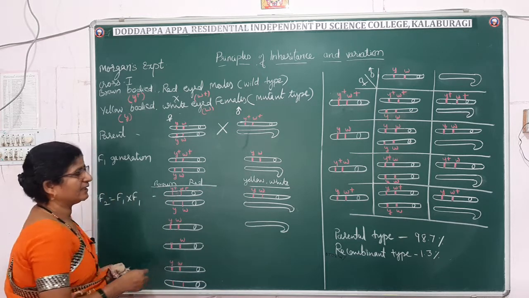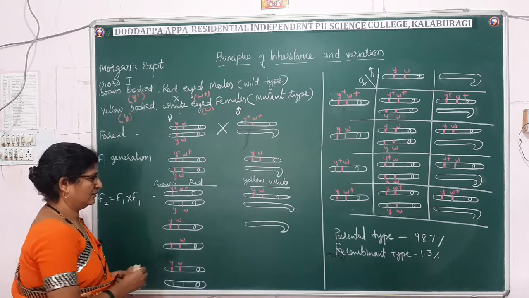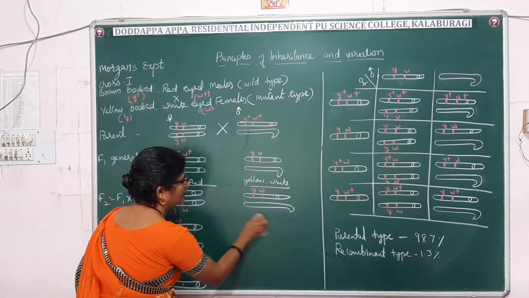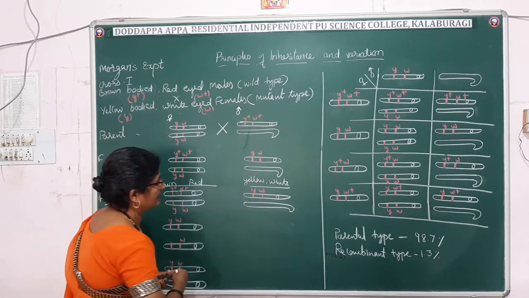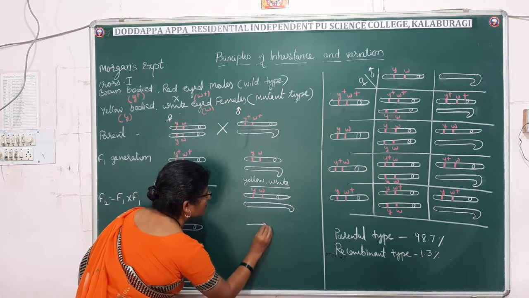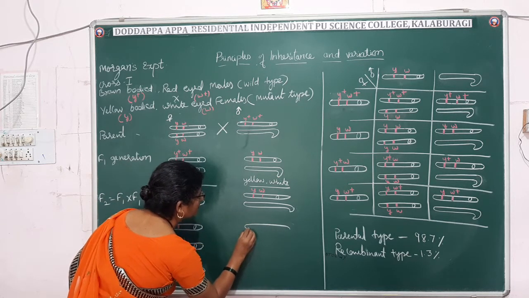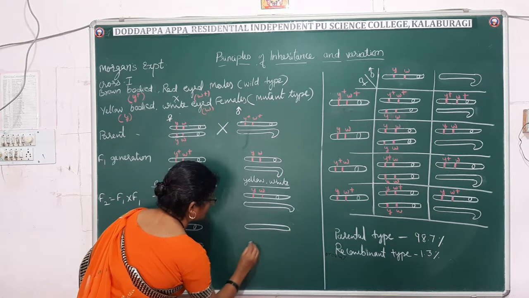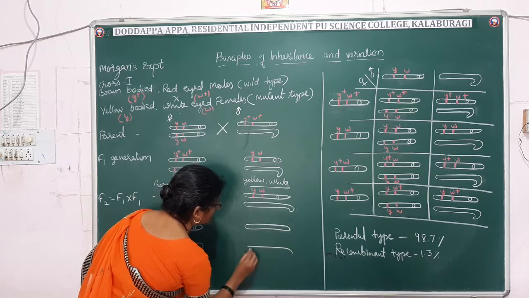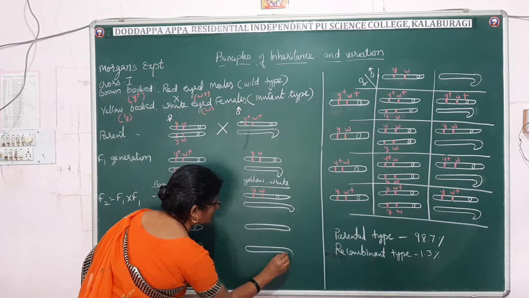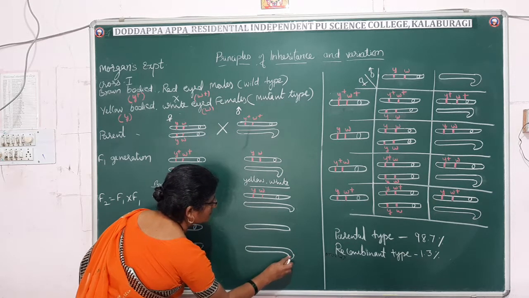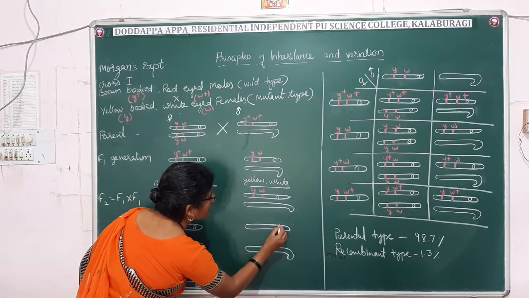First, I told you that the gametes are haploid. So here also let me draw the gametes. Centromere.